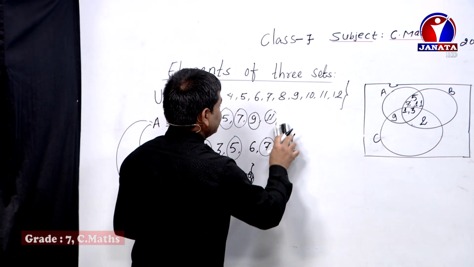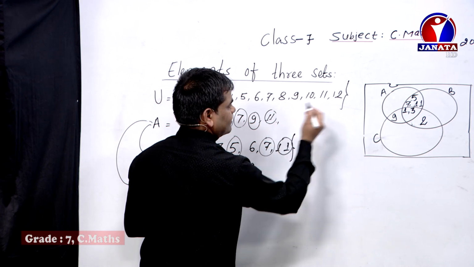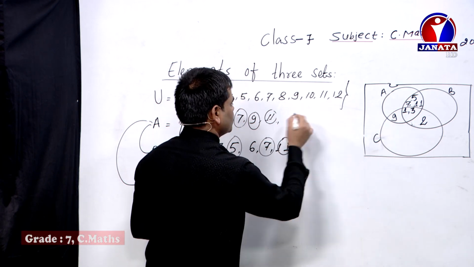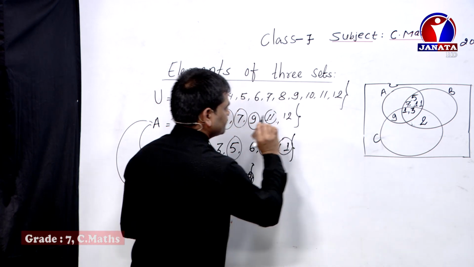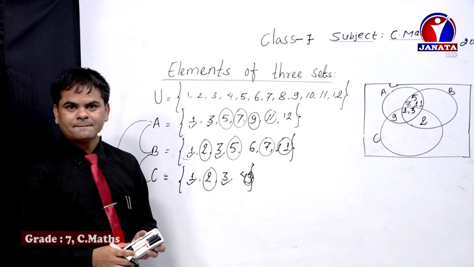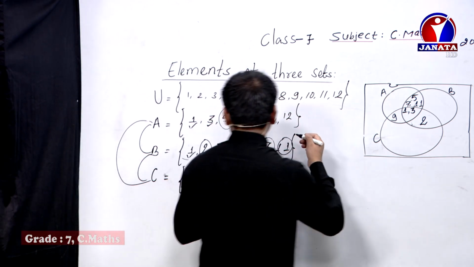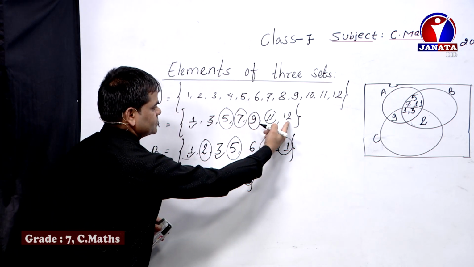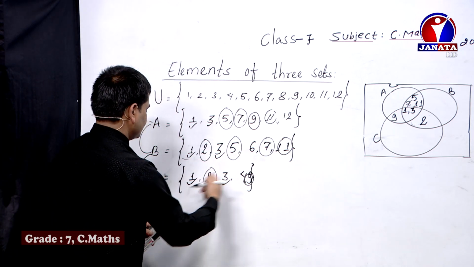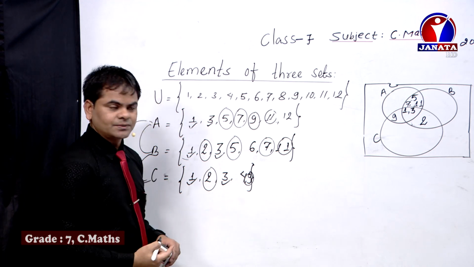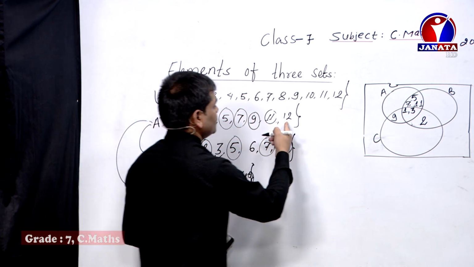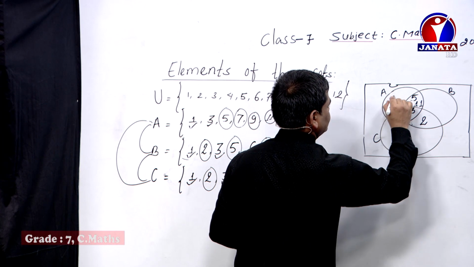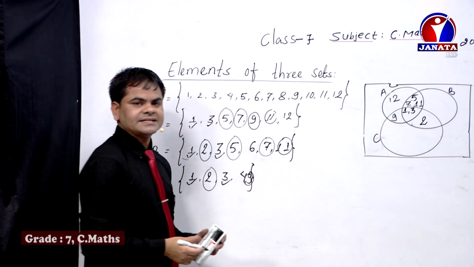Then let's increase a little bit so that we can fill that space also. 12. Then 12 belongs to only set A. Look, dear friends, there is no 12 in B, there is no 12 in C also. That means it belongs to just set A only, so 12 comes in the place of A only.